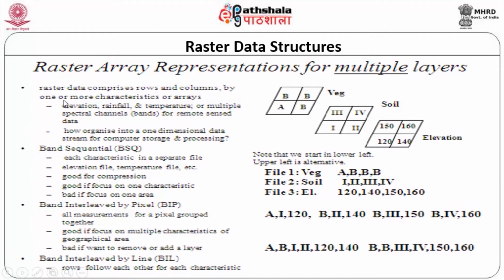As you all know, any kind of data, say elevation data, rainfall data, temperature data, or spectral channels of remote sensing data, has to be organized into one dimensional data, because the computer has to store and process the data.